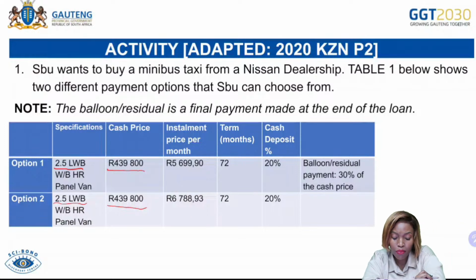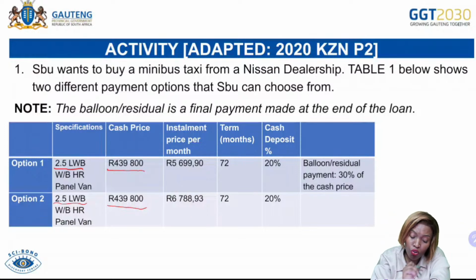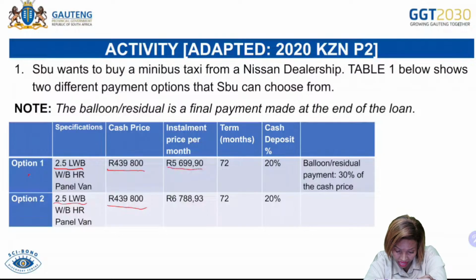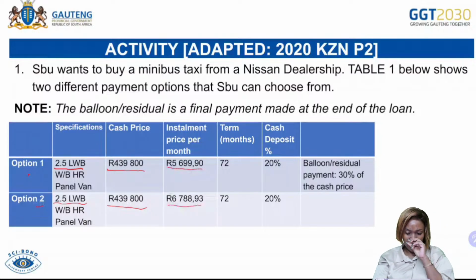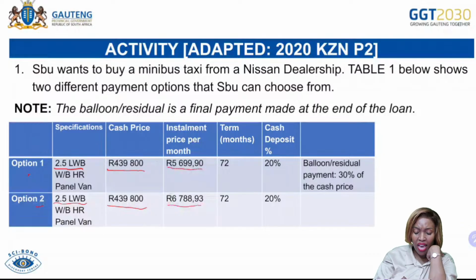And the installment price per month, if you go for option 1, per month, your installment will be 5,699.90. But if you go for option 2, per month, you will pay an installment of 6,788.93.